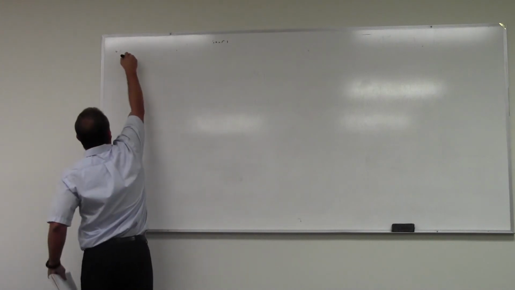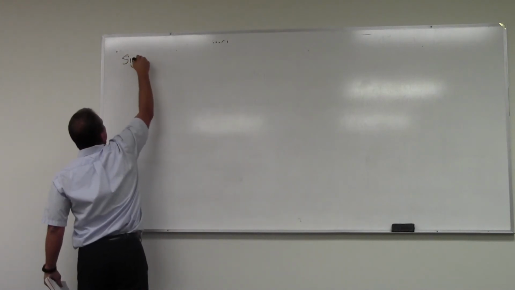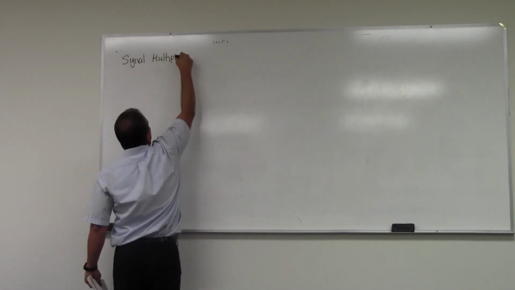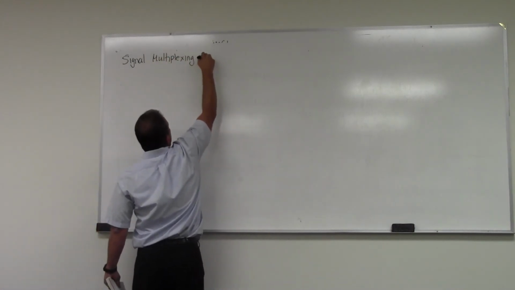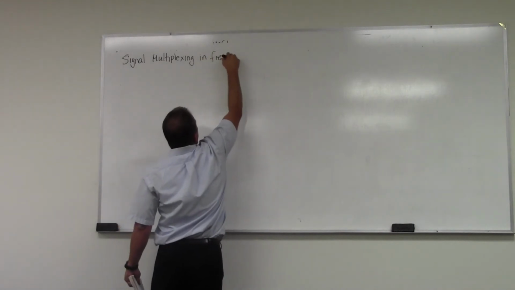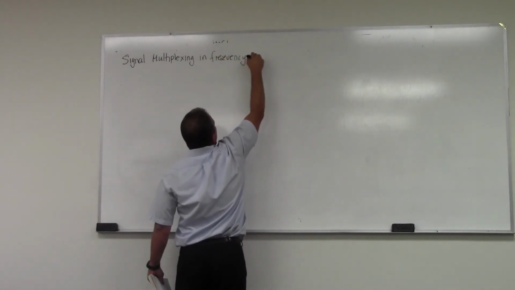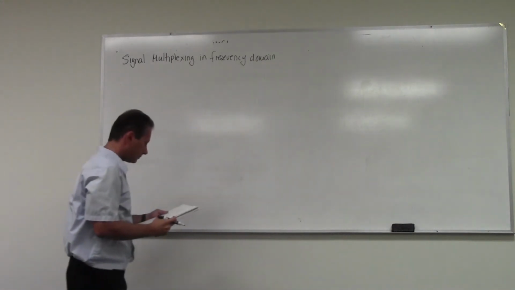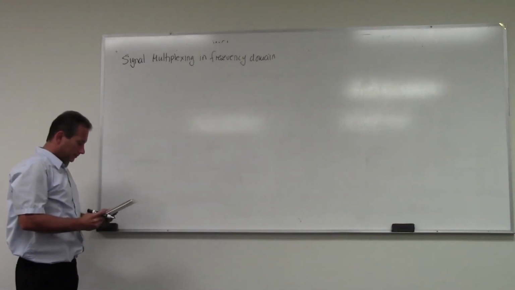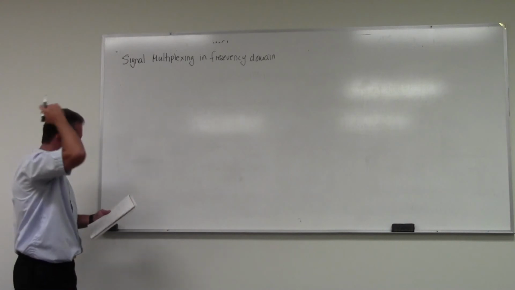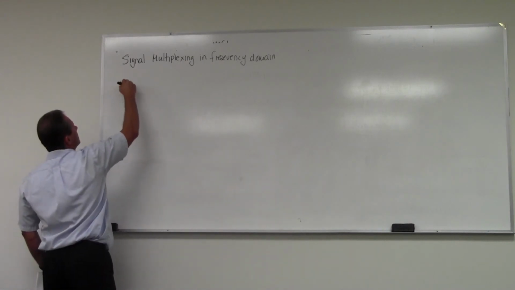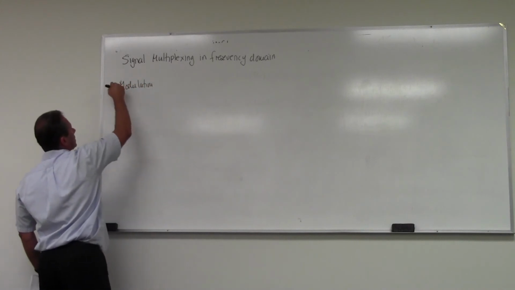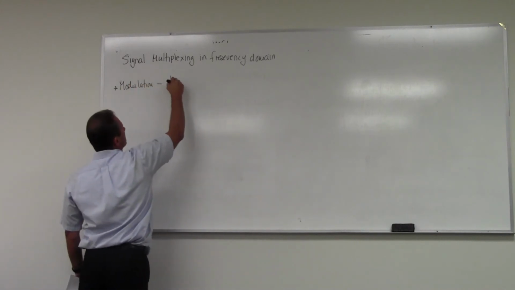So, signal multiplexing in frequency domain. The property of the modulation that we're going to be using here is the translation property.